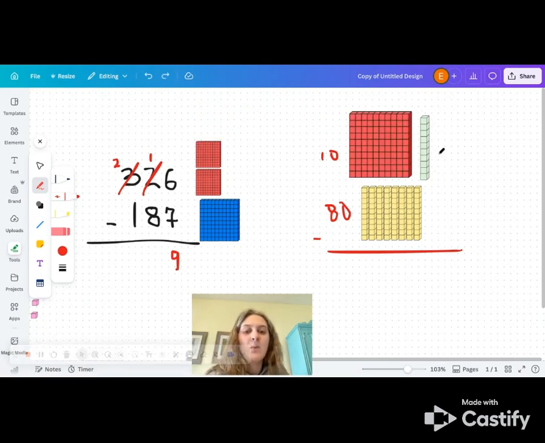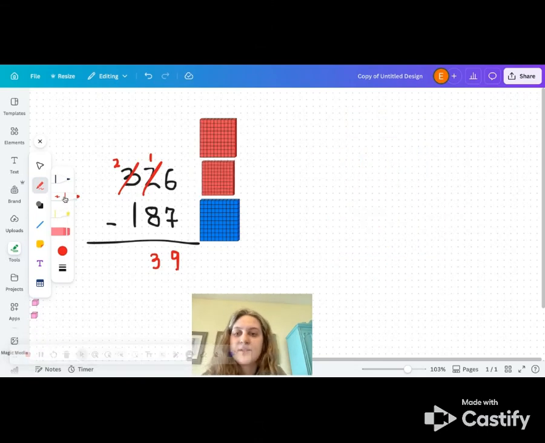All right, so now we have 110 right here that we have regrouped from the 100s place. So 110 minus 80 gives us 30. So we'll now put a 3 there in the tens spot, which represents 30. And then now that we have dealt with the ones place and the tens place, we will move on to the 100s place. All right, so now that we're in the 100s place, we have two 100s from the first number, and then we have one 100 from the second number.